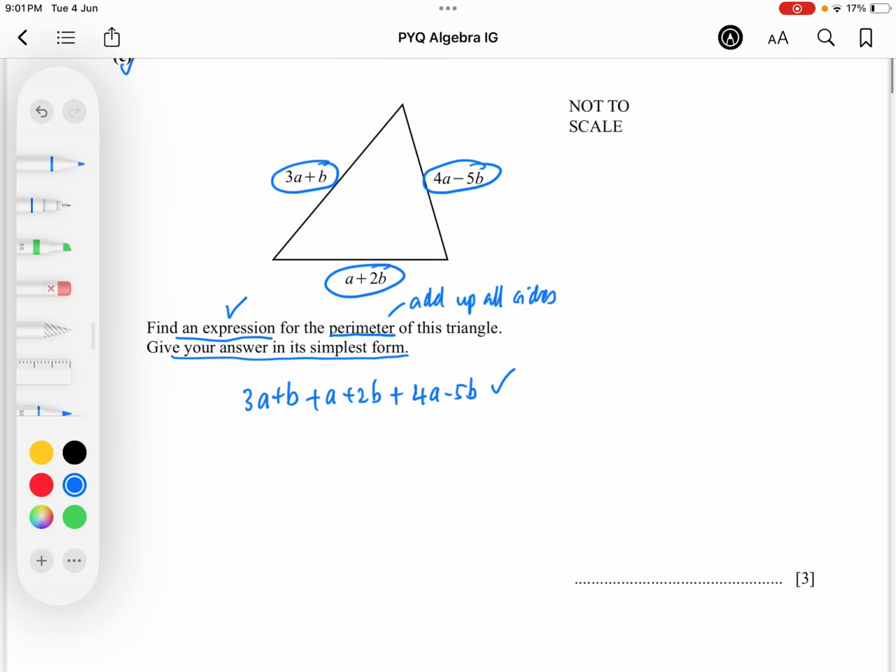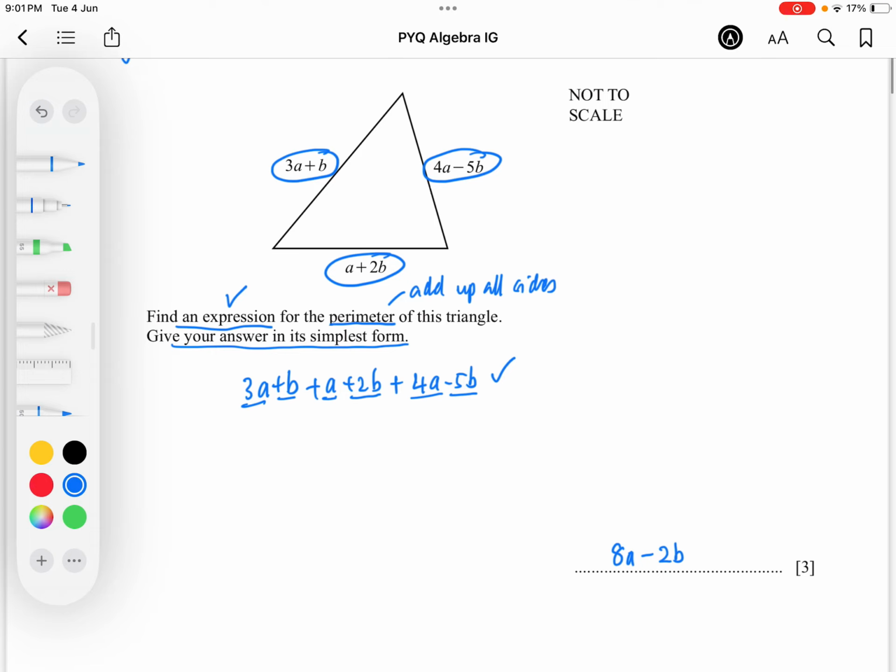That means collect all the like terms. So 3a plus a plus 4a would be 8a, then plus b plus 2b, that's 3b, minus 5b, that would be minus 2b. That's it. You don't have to do anything about it, just that.